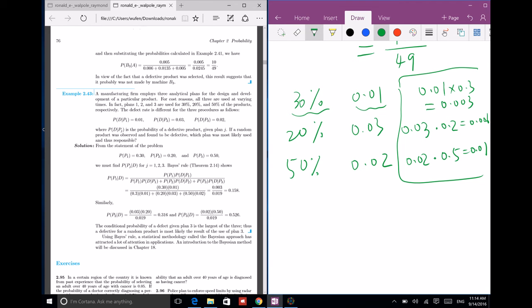We would have to divide it, but if you don't need the exact probabilities, just compare them. Now it's very obvious that the third plan is going to be responsible. It's very likely the third one.